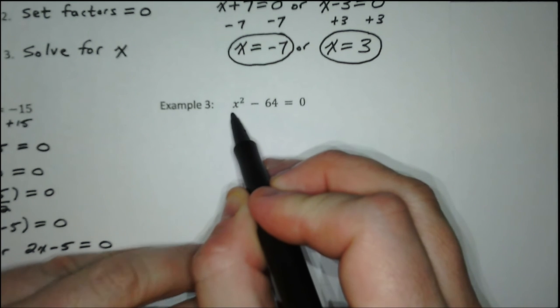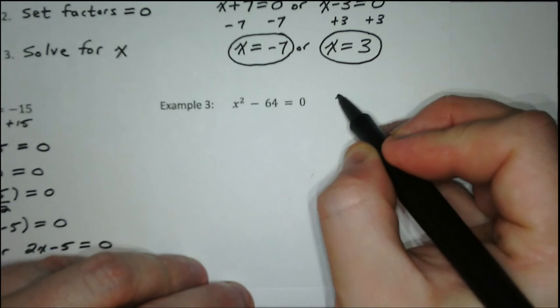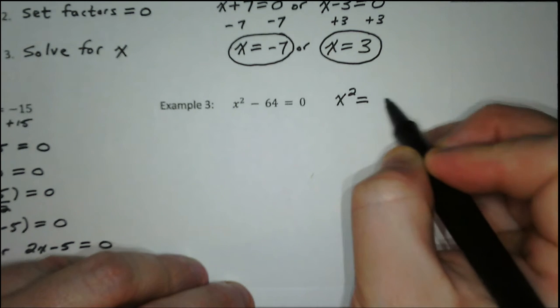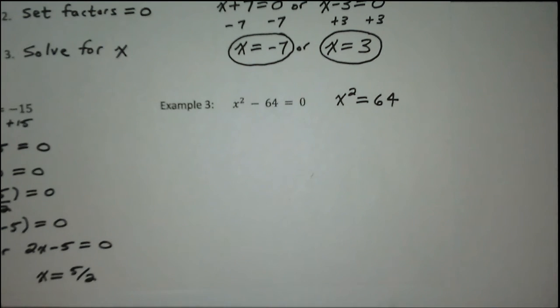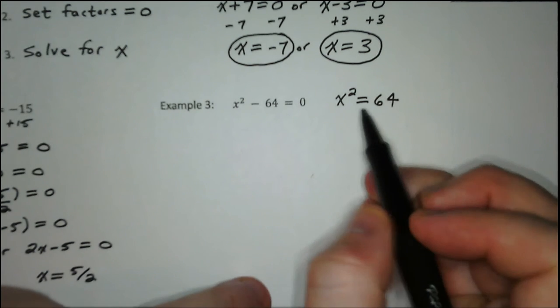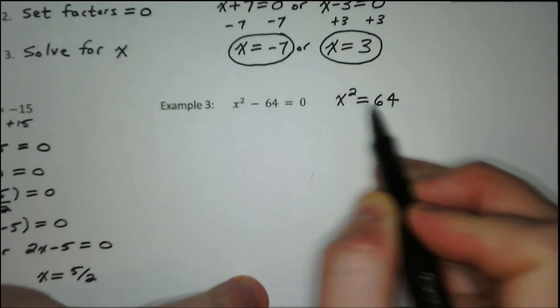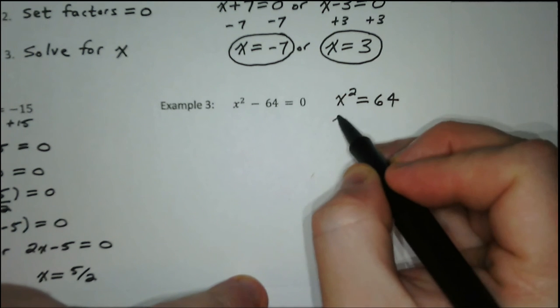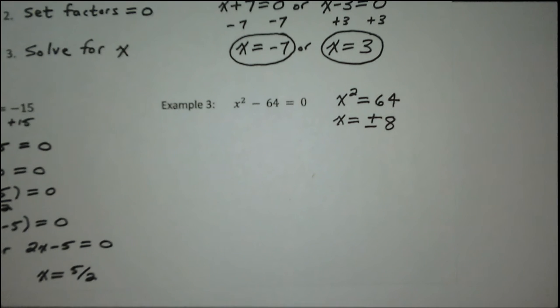In examples just like this, it's kind of like the exception to the rule. You can actually rewrite this as x squared equals 64, and then just look at this and say, wait a minute, x equals plus or minus 8.